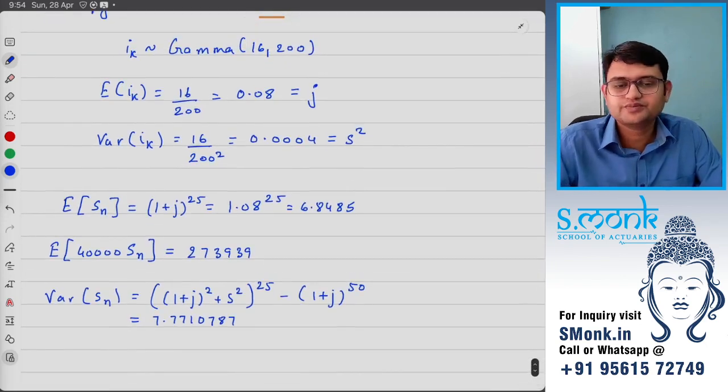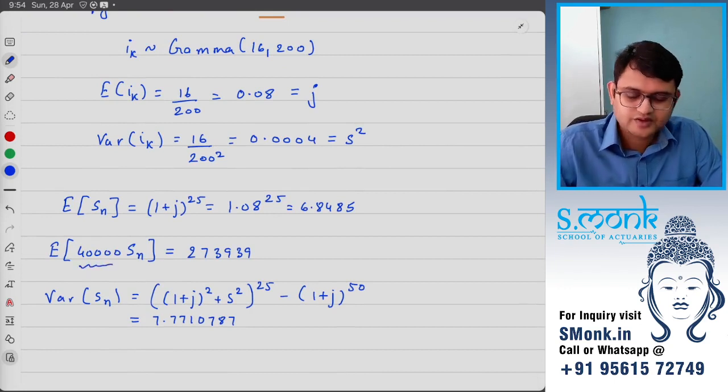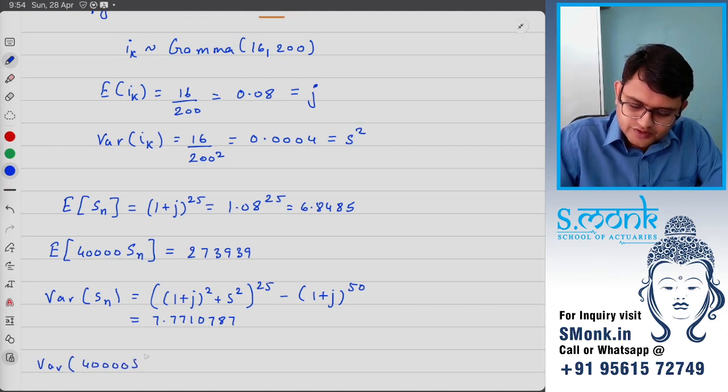Any issue here? Mean and variance. Of course, we'll multiply by 40,000 square. Instead of Sn you can write S25 because n is 25.